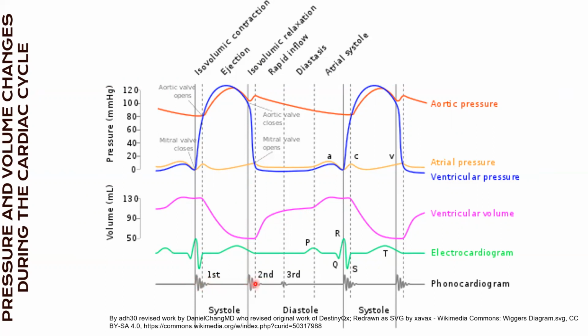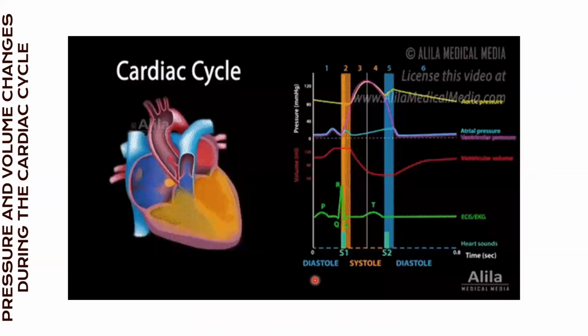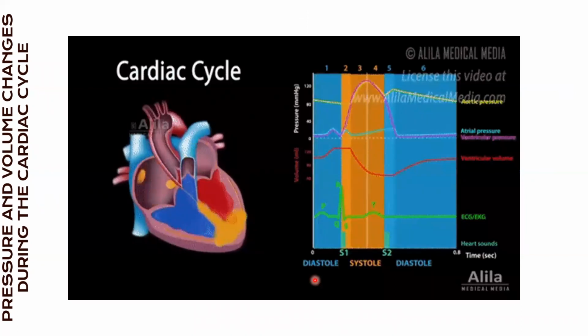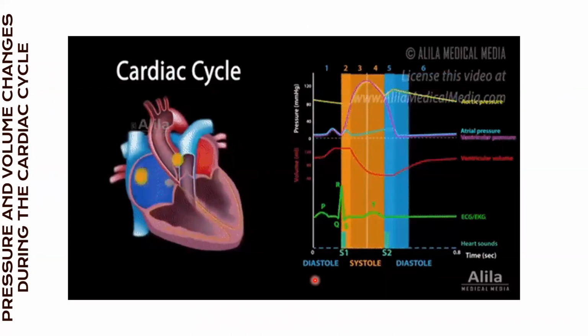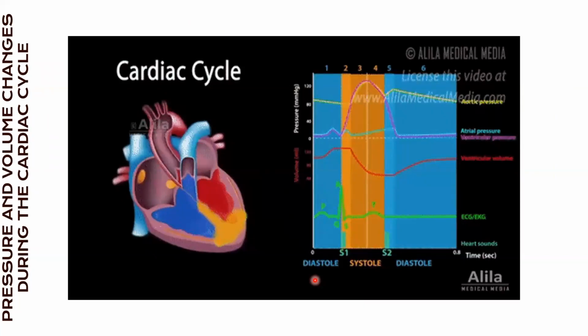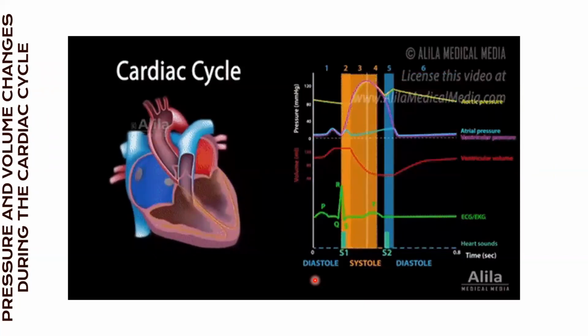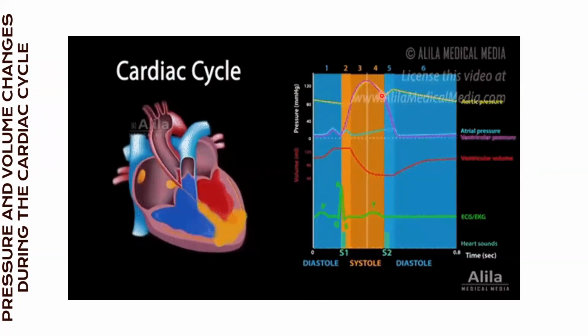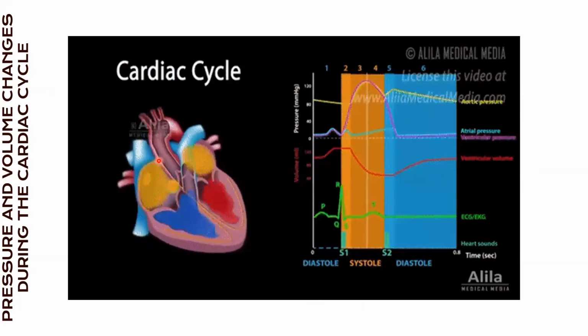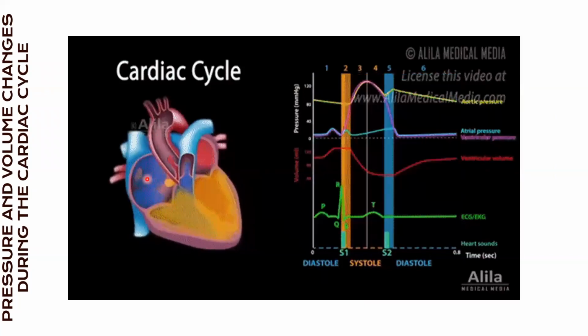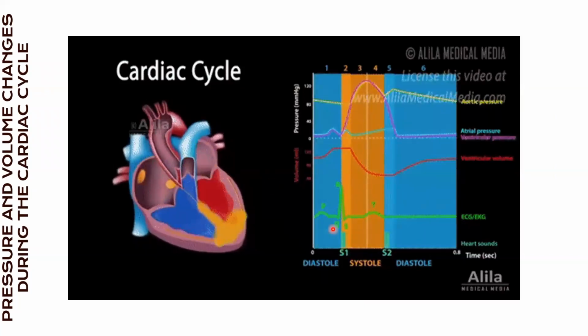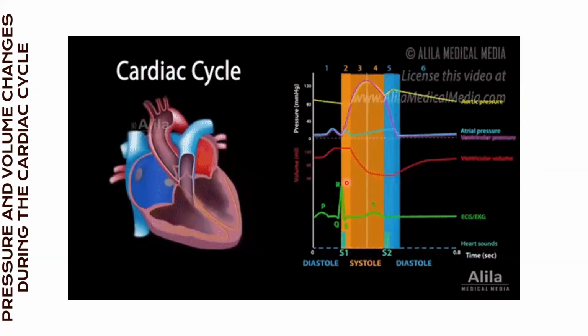The lub and the dub sounds are heard because of the closure of the different valves. So here is the cardiac cycle with a combination of the different pressures with the movement of the blood forming your electrocardiogram.